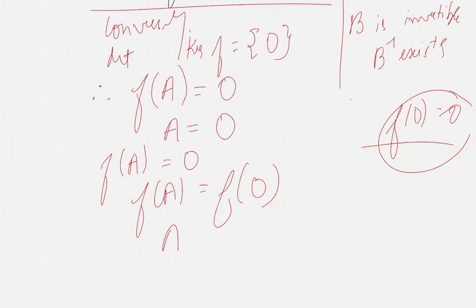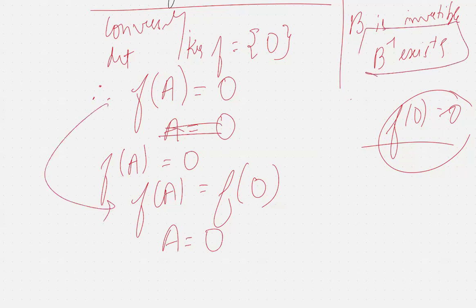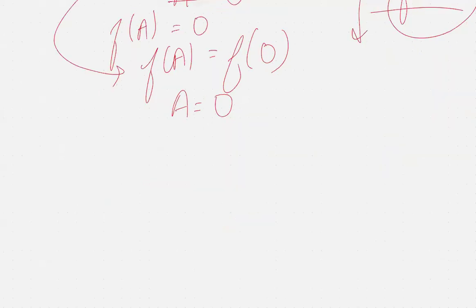Now we have to show the existence of B inverse. So if A is equal to 0, we have to bring B into the picture, and B will come into the picture only if we use what is given, what the function is.